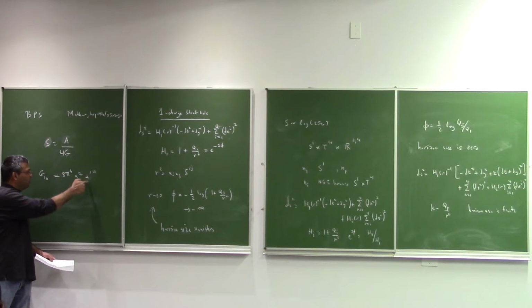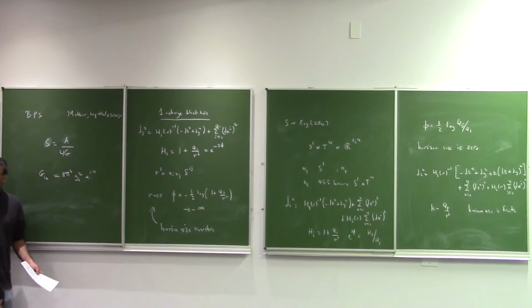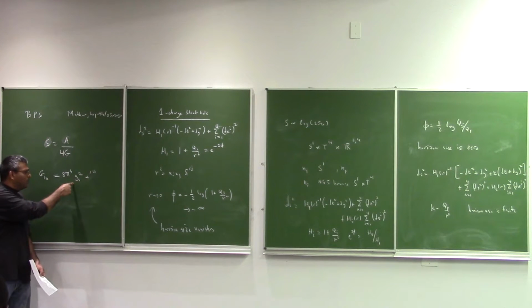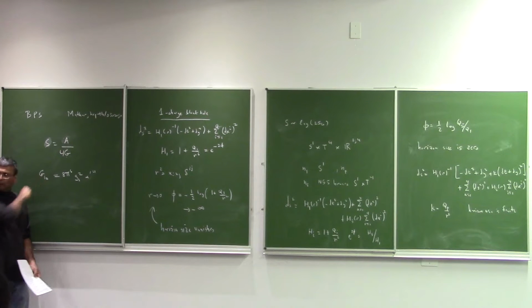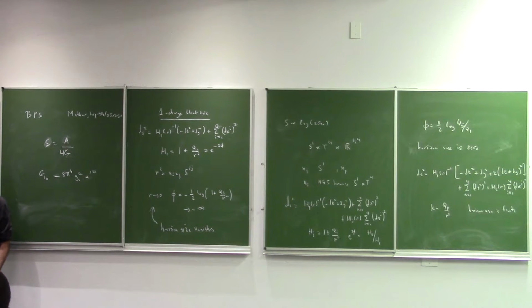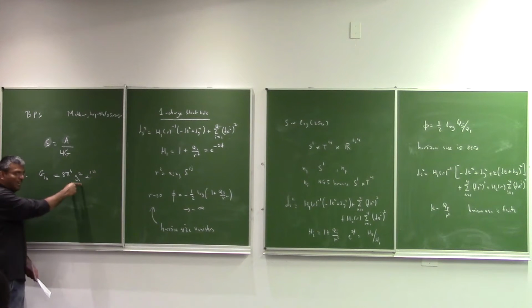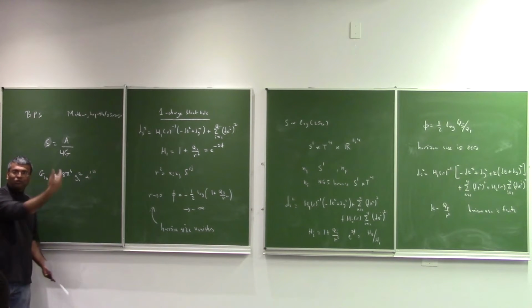So this G10 has got units of length to the 8th, which is what we expect for G10. G4 has got units of length squared. The length dimension of this coupling is 2 less than the dimension of the space-time. So this has got length 8 because alpha prime is the string length squared.